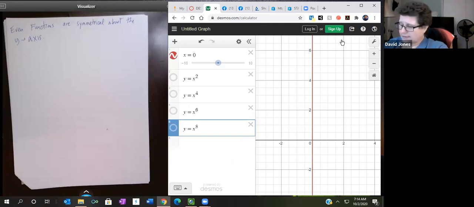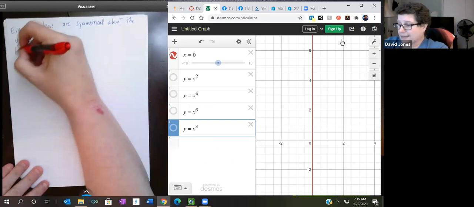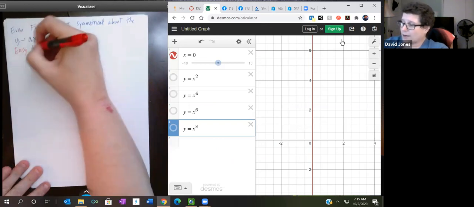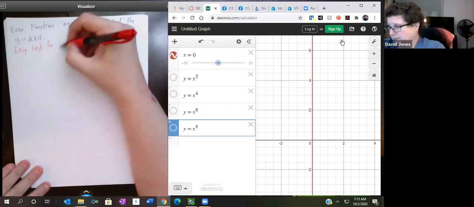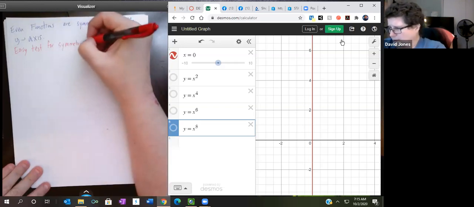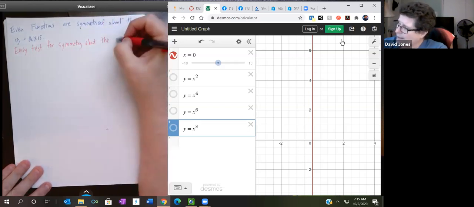And there's an easy test for it. Easy test for symmetry about the y-axis, or about either axis, about the axes.